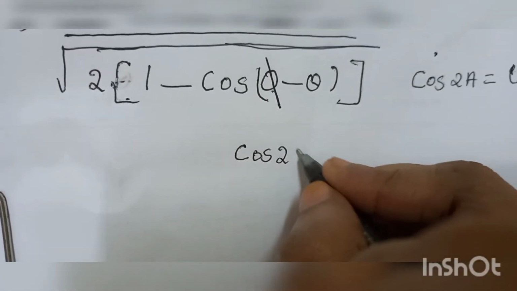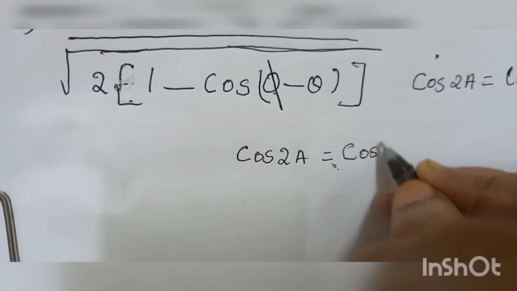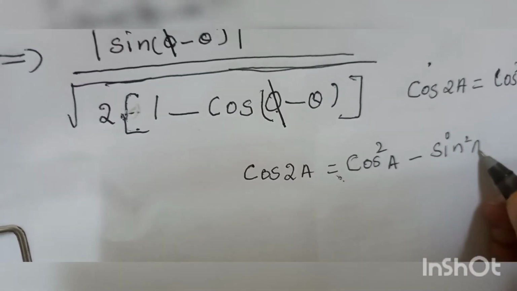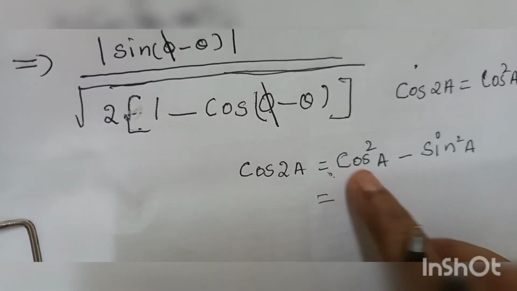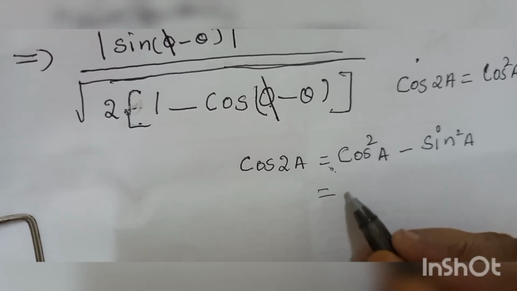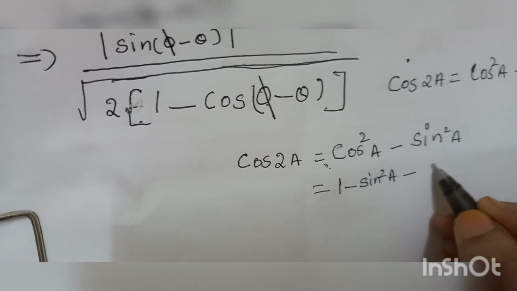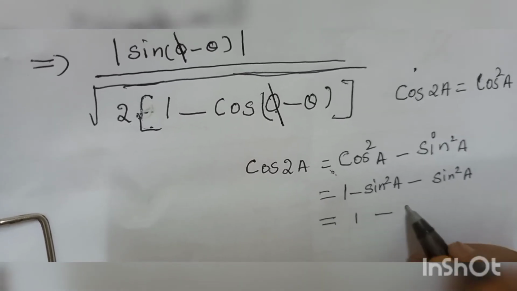So we already know that cos 2a is equal to cos square a minus sin square a. To get the form, we have to write cos square a in terms of sin square a. We already know cos square a is equal to 1 minus sin square a, so 1 minus sin square a minus sin square a, we get 1 minus 2 sin square a.